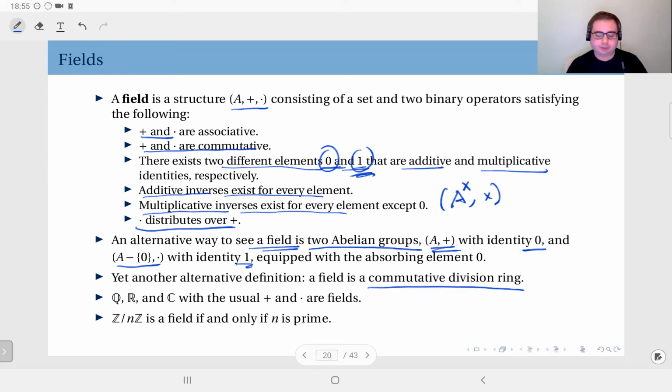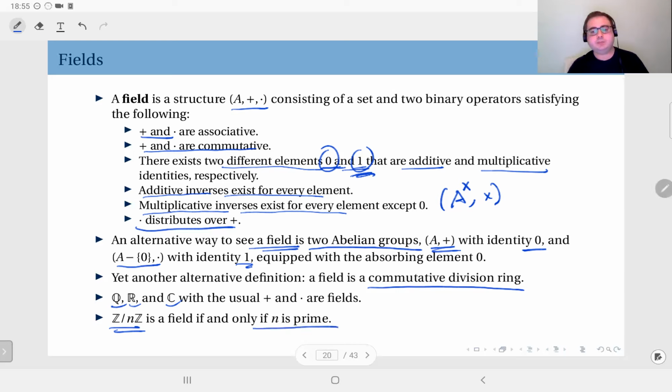And some typical examples: the set of rational numbers, real numbers, complex numbers with the usual addition and multiplication are typical fields. And this structure, the clock arithmetic or the modular arithmetic set, so integers modulo n with respect to addition and multiplication as we know them, is a field if and only if n is prime.